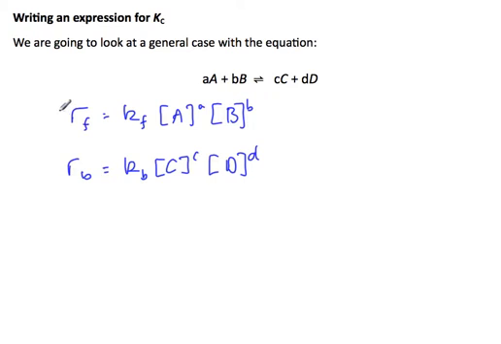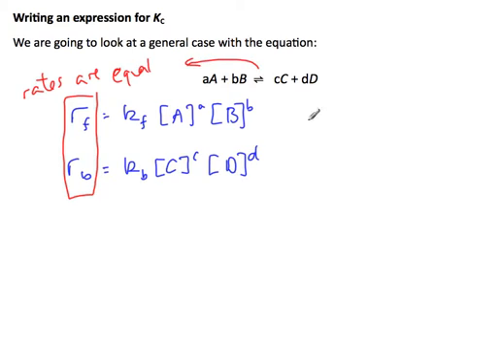Well, at equilibrium, the rates are equal. So if you have that double arrow, it means those two rates, the rate of the forward reaction and the rate of the back reaction, are equal.